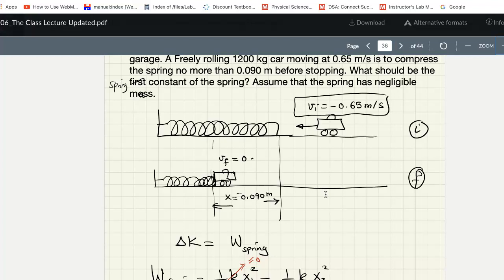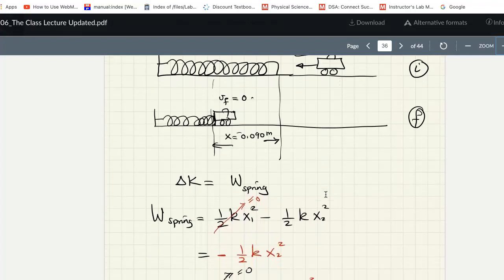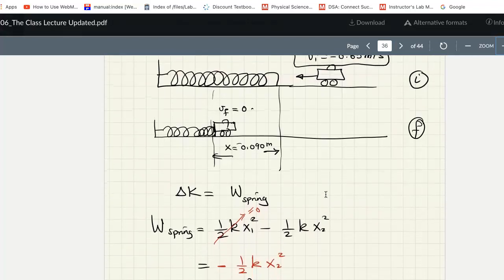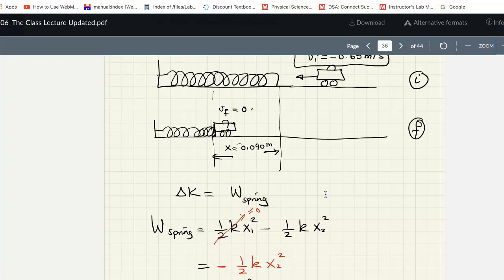Now I can say here that the work done by the spring is going to be the change in kinetic energy, and the work done by the spring we said is going to be 1/2 k x1 squared minus 1/2 k x2 squared.